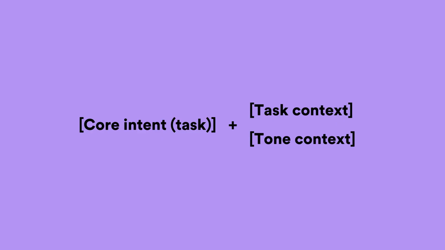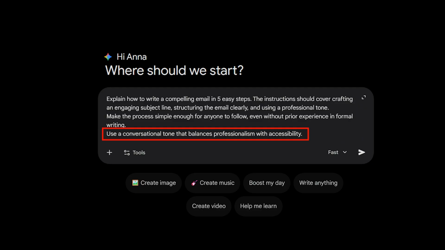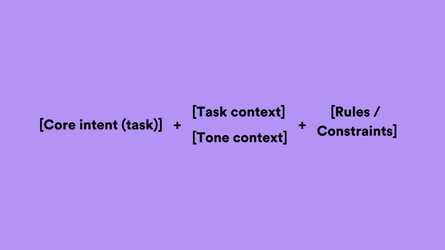You can provide context not just for the task itself, but also for the tone you would like to use. For instance, use a conversational tone that balances professionalism with accessibility. You can also specify rules or constraints the AI system should follow.